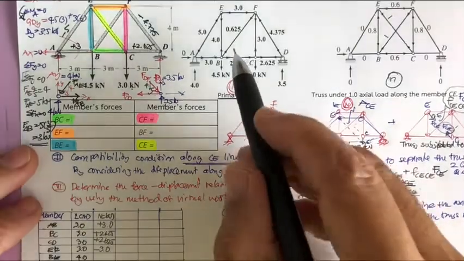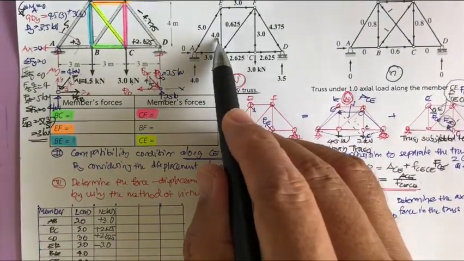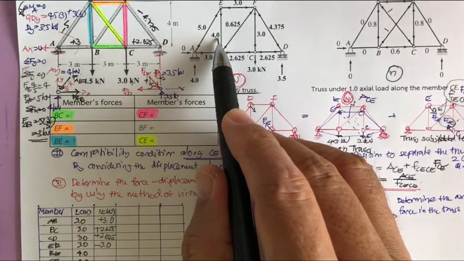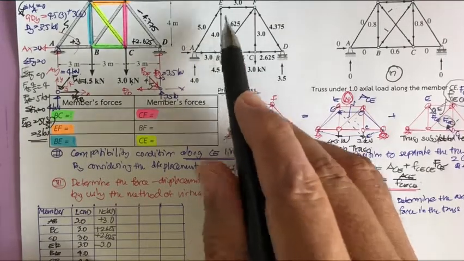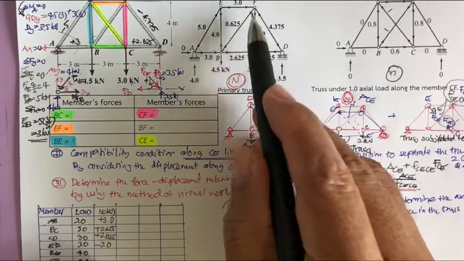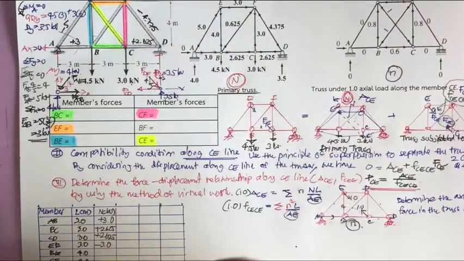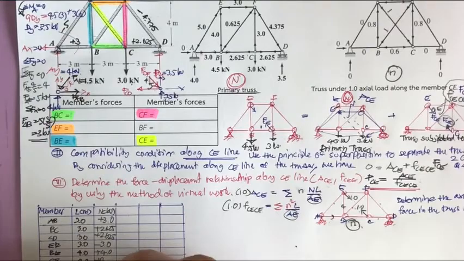Okay, and then you copy all of this. This is BE, 4, and this is going to be 3. This is tension, plus 4.0, plus 3.0.